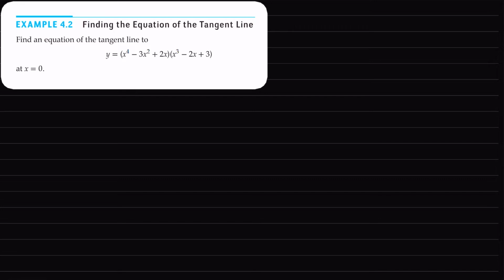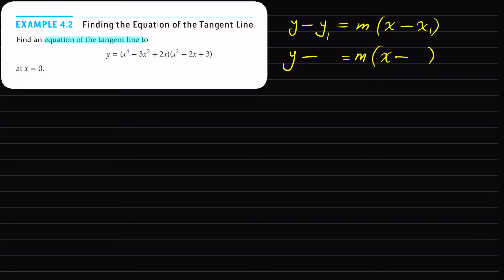Finding the equation of the tangent line. We all know that the equation of the tangent line is y minus y1 equals m times x minus x1. If we look at this function, they said find the equation of the tangent line at x equal to 0. So x is 0. Now we need y.